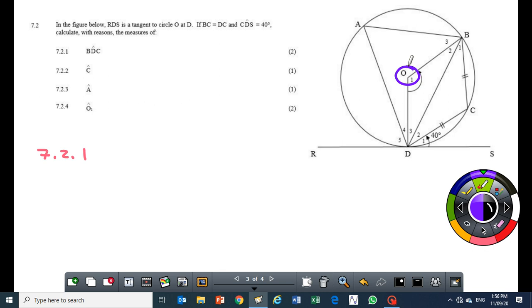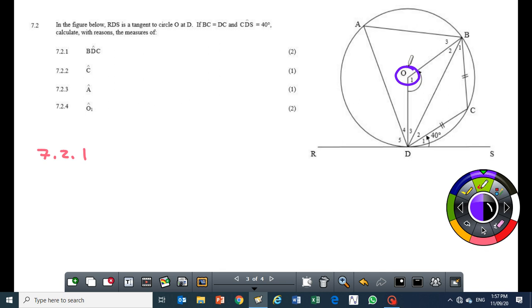Either it's a line from the center perpendicular to a chord bisects the chord, or the angle at the center is 2 times the angle at the circumference, or it can be angle in a semicircle. Any one of those 3. Then you can eliminate, based on your understanding of the 3 theorems, which one is the appropriate one.